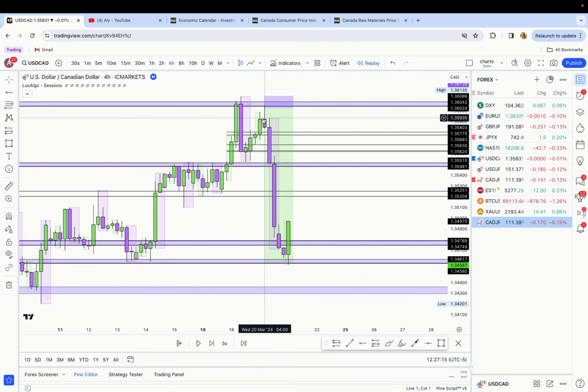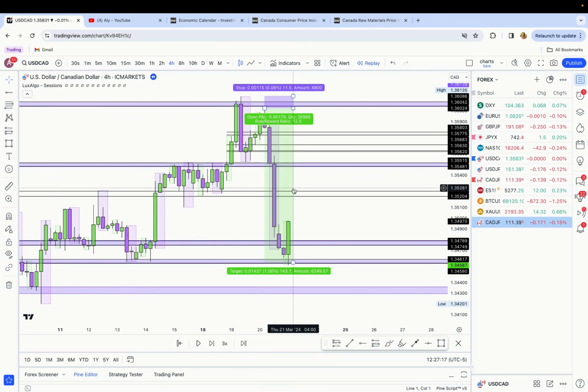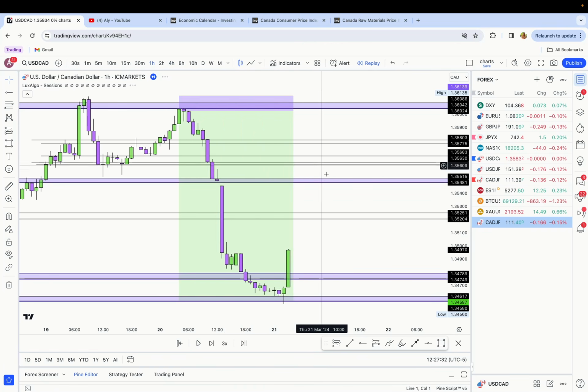So we have a New York drop. This would have been a 1 to 12, risking, let's say, 11 and a half pips. I had it at 10 pips, but whatever. 143 target, sorry, 143 pips.